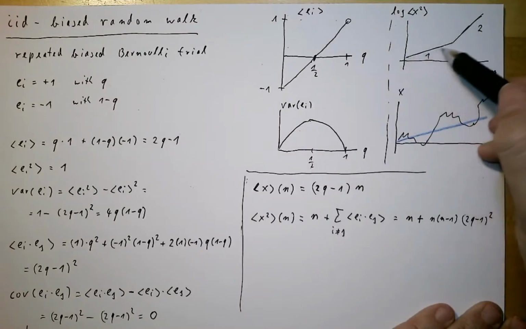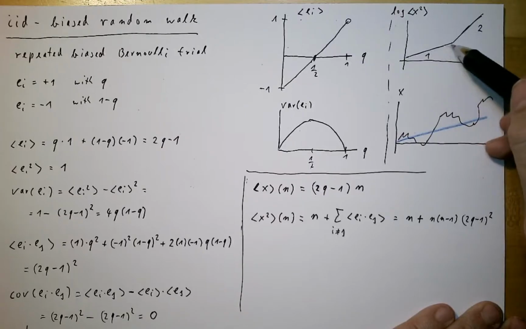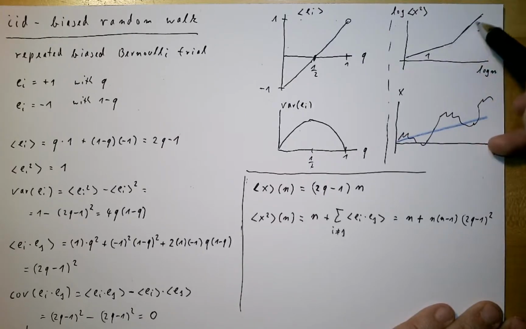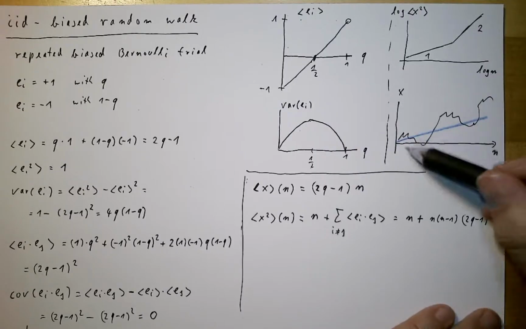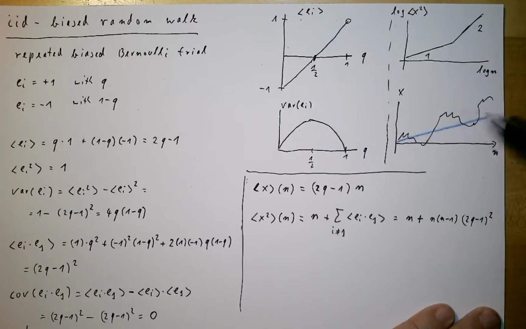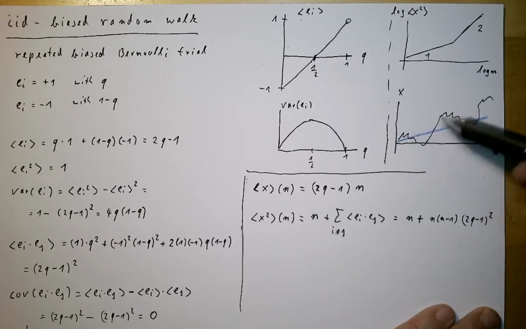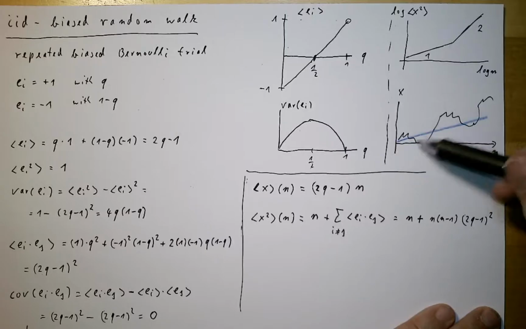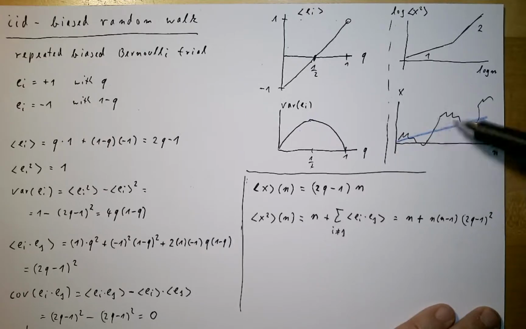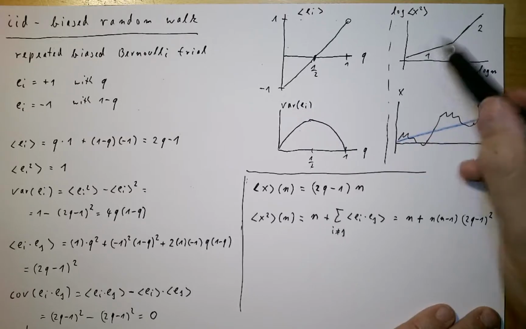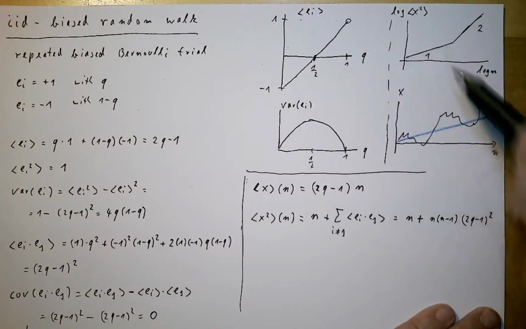So we start diffusive, but then there is a transition to ballistic motion. How can we explain this? That's clear. If we have this random walk which is biased, for small times we don't see the bias yet, so the distance from 0 grows just diffusively, as a square root of time, so that's this point.